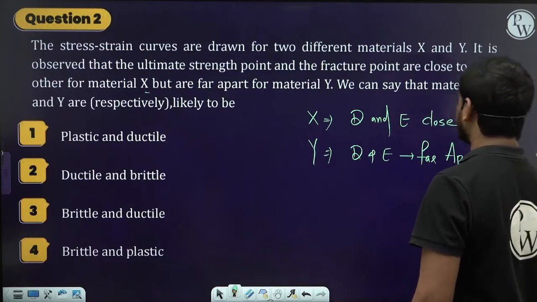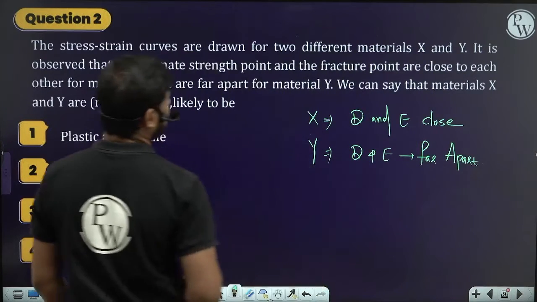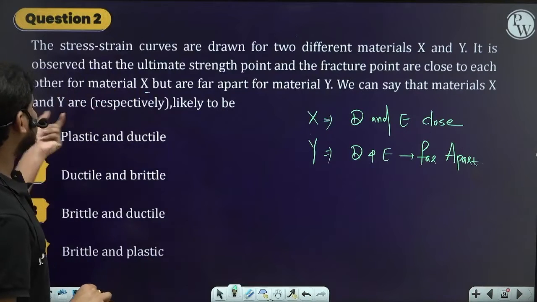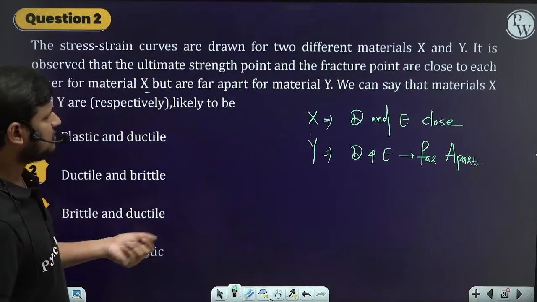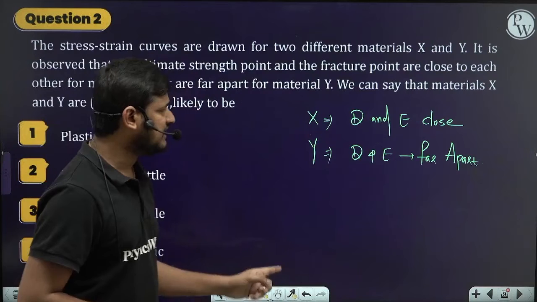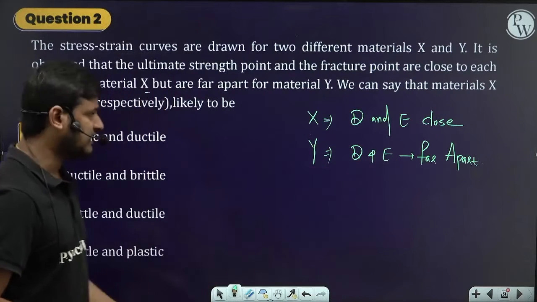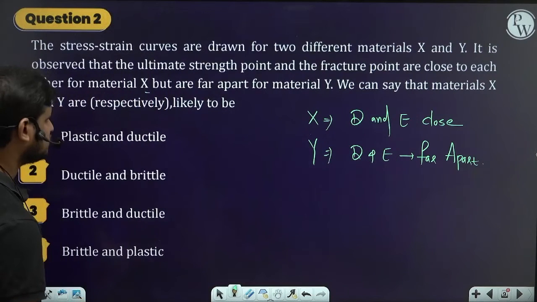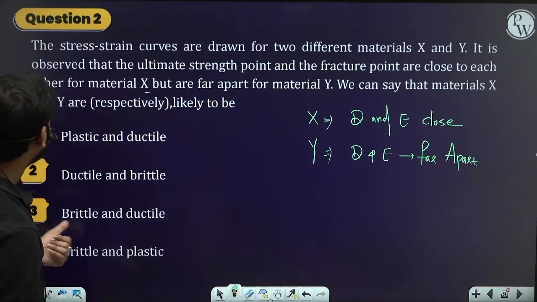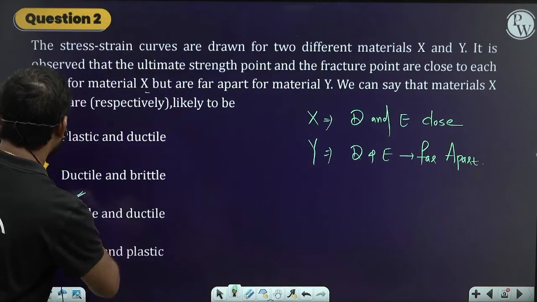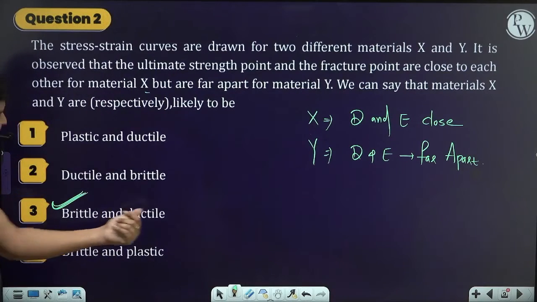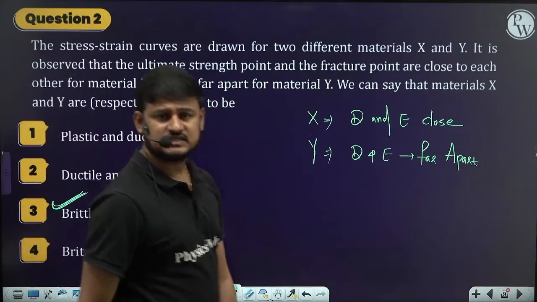Then we can say that the materials X and Y are, if they are very close, brittle, and if they are very far, ductile. So X is brittle and Y is ductile. Option 3 is the correct one, brittle and ductile. Clear guys? Chal.